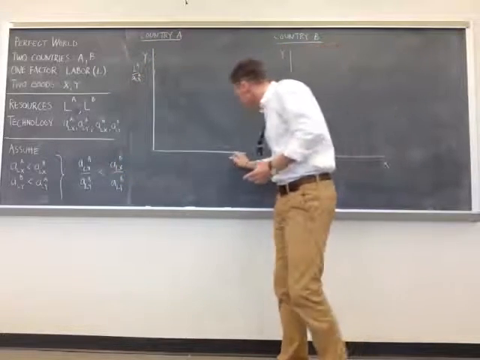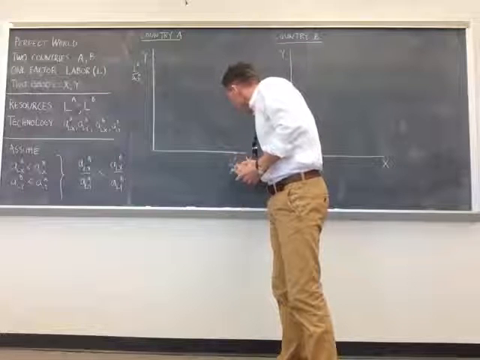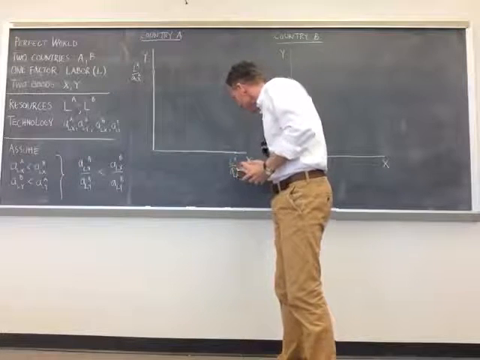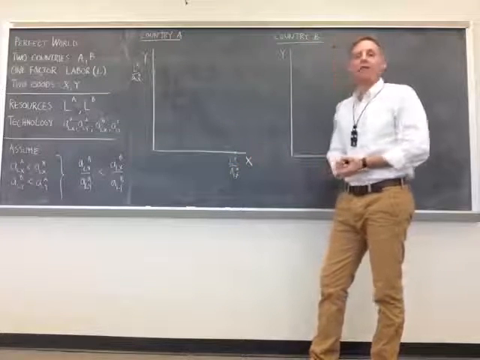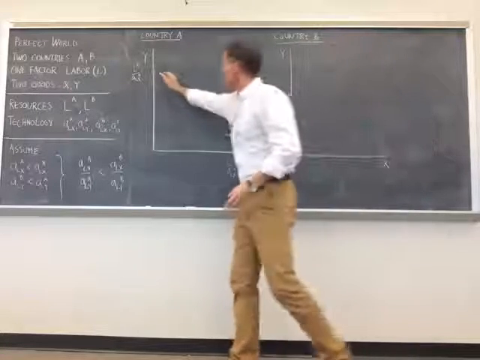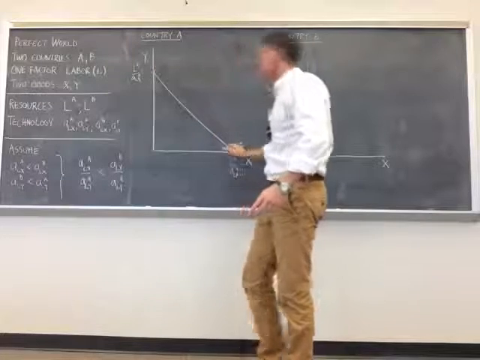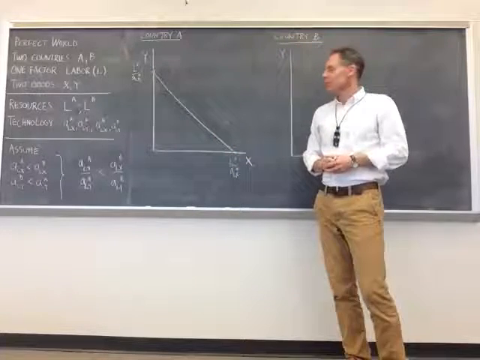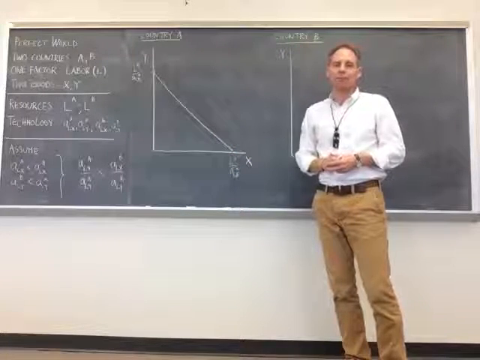And if all the workers in A went to the X industry, we could produce this many units of X. Since technology never changes, we know we're going to have a straight line PPF, and there it is. This is the PPF for country A.